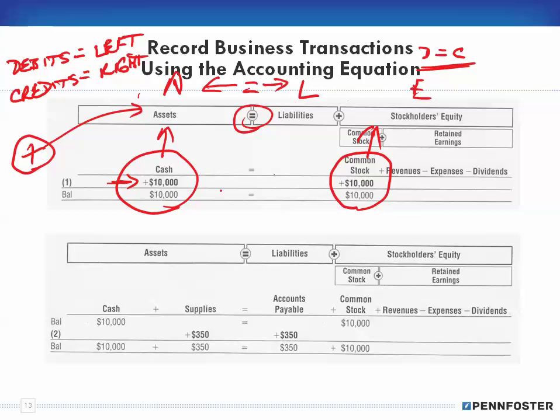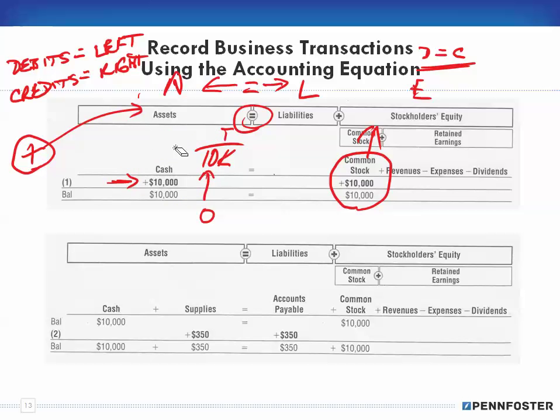our assets were at 0, and now they went up to 10,000. Well, what increases those assets? Well, for an asset account, it is a debit that increases the account. The normal balance of an asset is a debit, right?